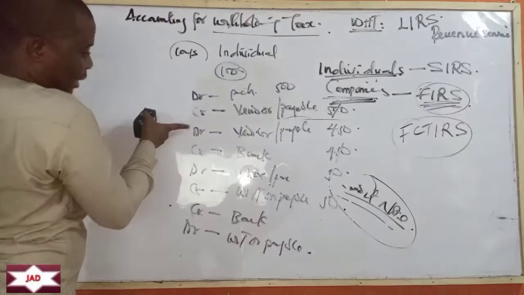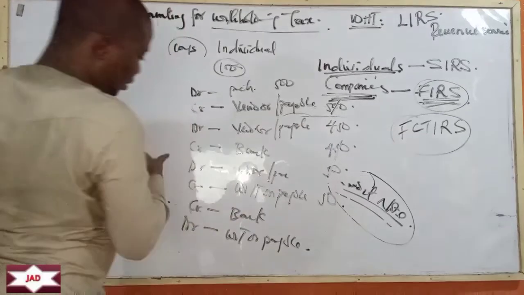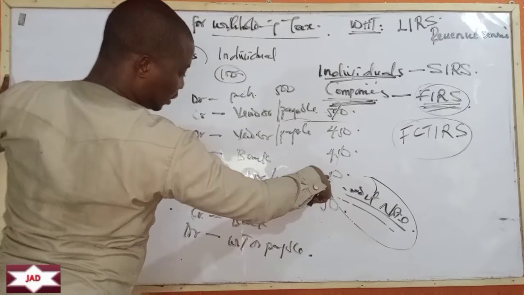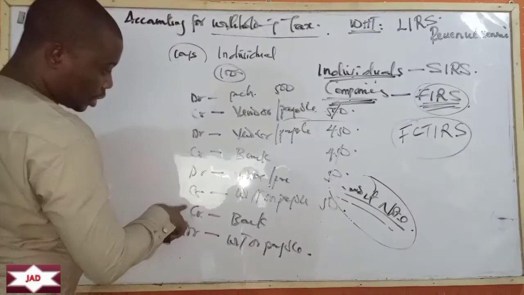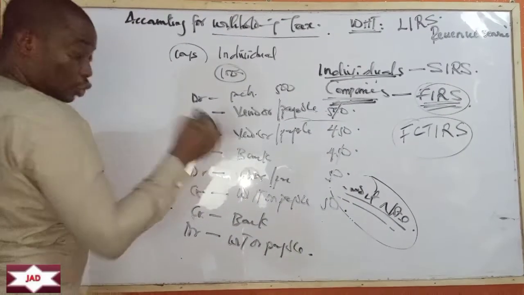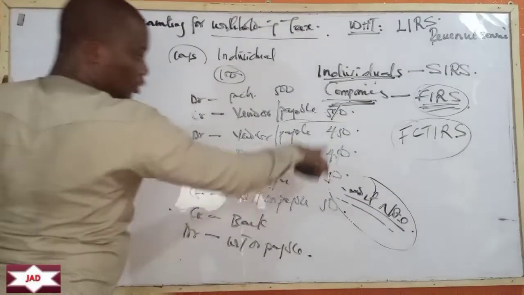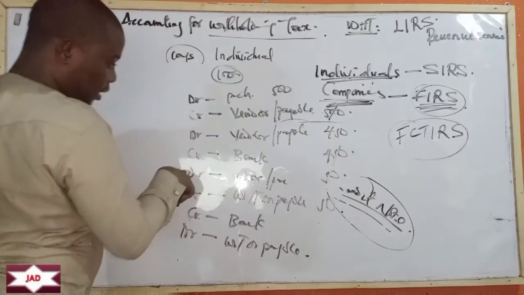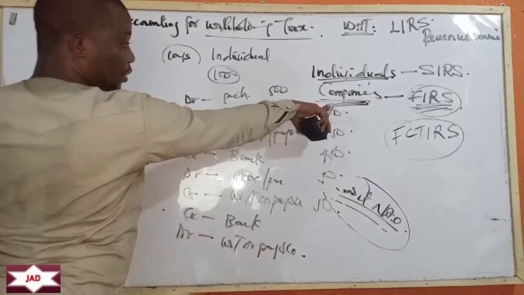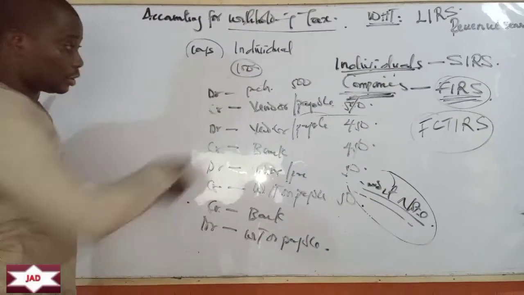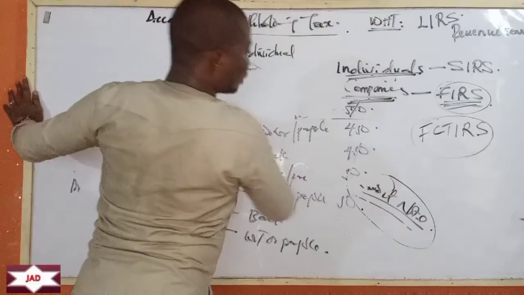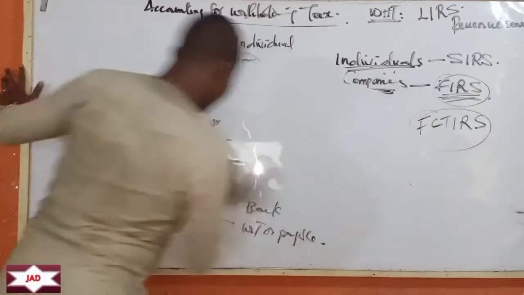Normally we debit vendor payable with 450, and debit it again with 50 naira, so that we can nil it off, and credit withholding tax payable 50 naira. So it should be vendor payable 450, and then vendor payable again 50, to cancel out this credit of 500 here. That's just a quick recap, so you understand what I'm trying to say.